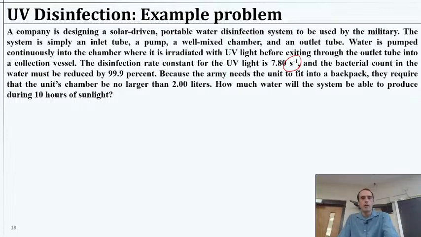So the question is, how much water will the system be able to produce during 10 hours of sunlight? In this scenario, they're just saying solar driven, meaning that's the power, but then they have a lamp inside, right? So they're saying 10 hours of operation. How much water will it be able to produce?